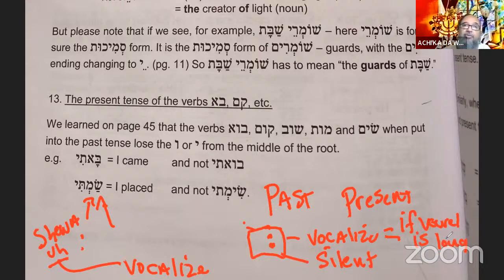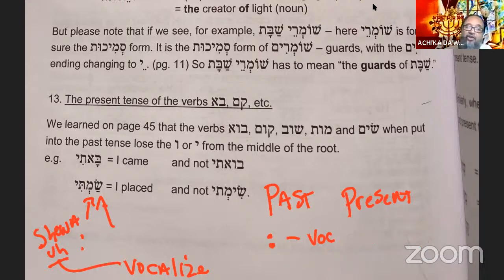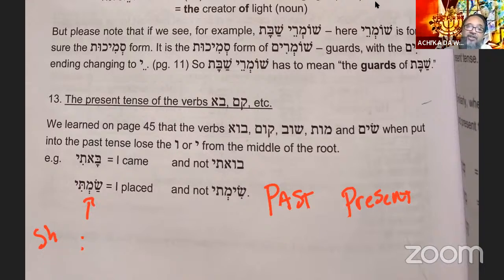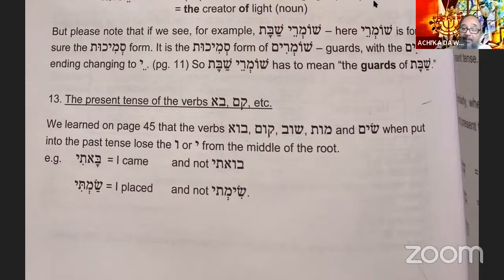I don't have enough room to jam anything together. If the vowel is short, then I'm going to be silent. That means I'm not going to say that sound. I'm going to put them together. That's what it is. So it's really not about the first vowel letting you know if it's long or short. The schwa has a function to say whether or not you're going to say it or you're not going to say it.